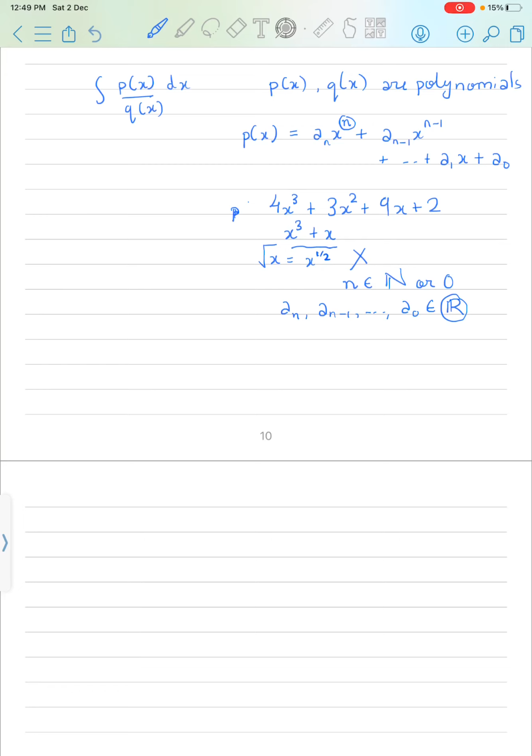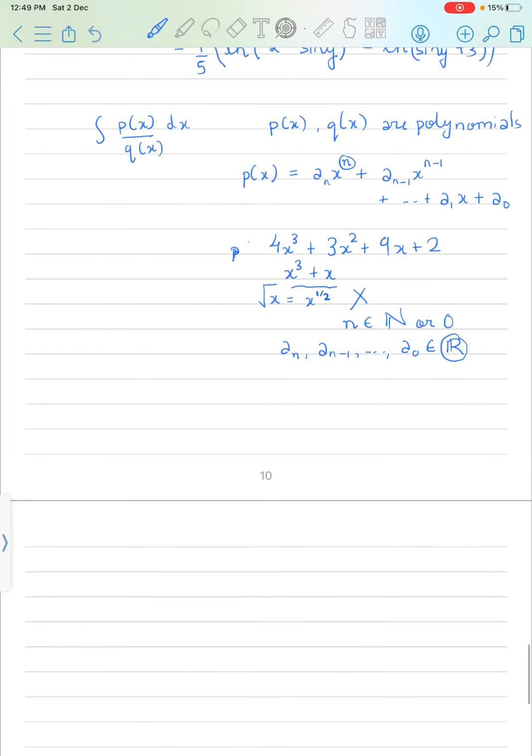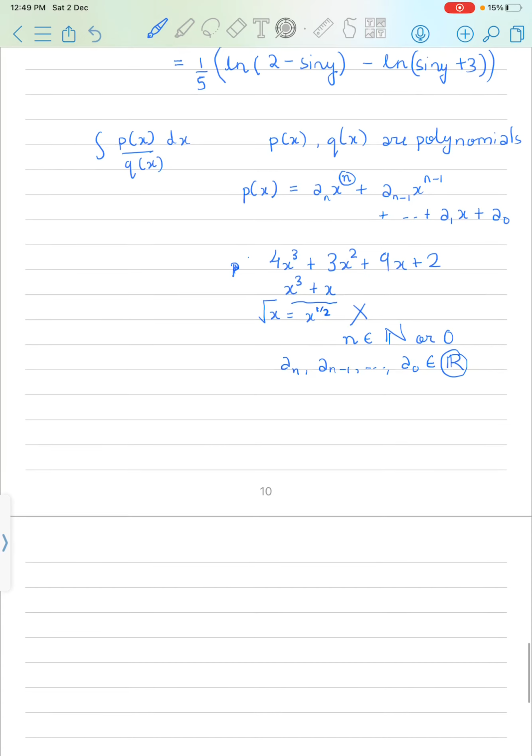So when we do integration of a polynomial by a polynomial, that is a rational function, we first need to check the degree of p(x). What is the meaning of the degree of a polynomial?